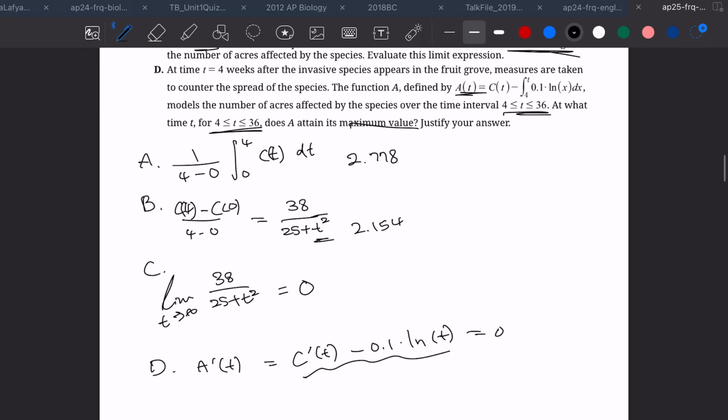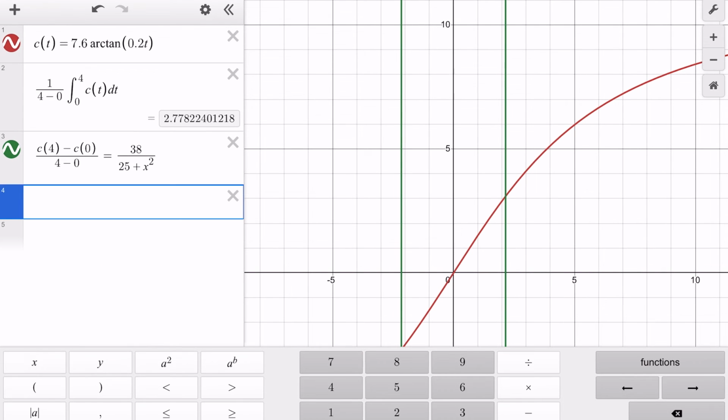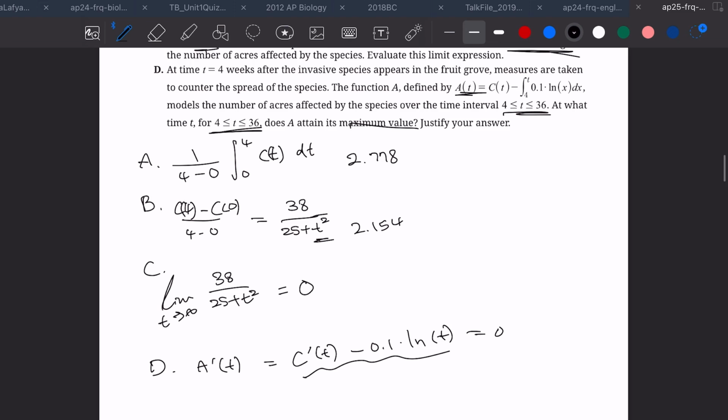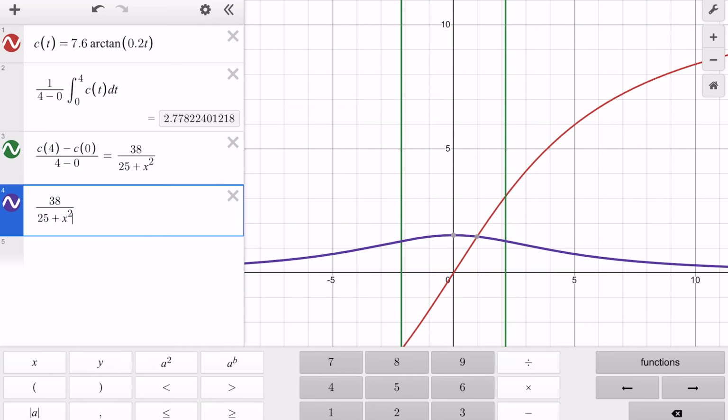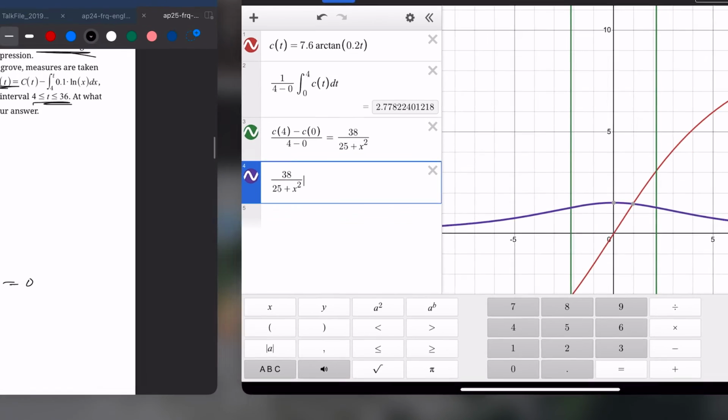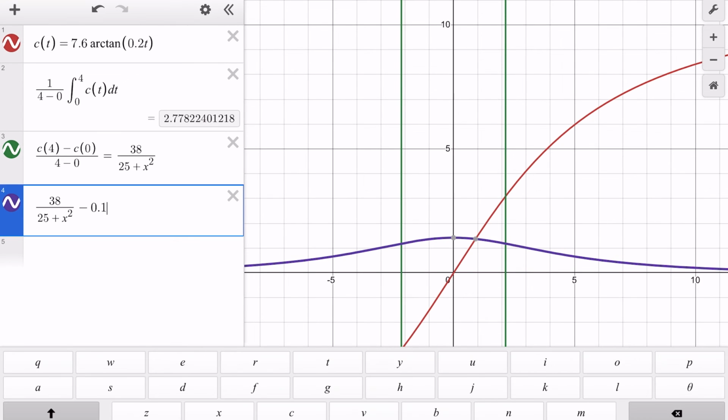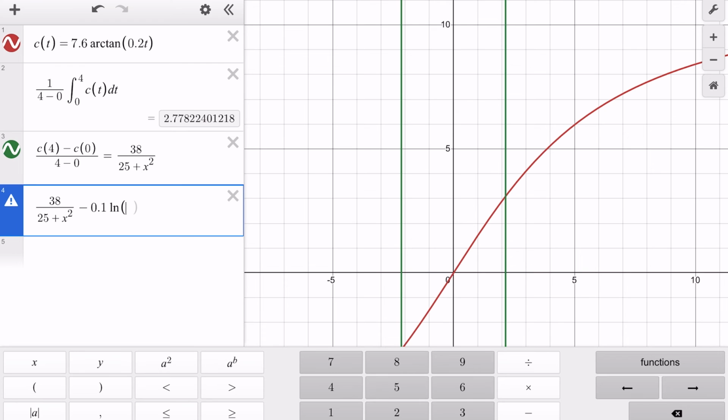So we should put that in the calculator again: 38 over 25 plus x squared minus 0.1 ln x equals 0.